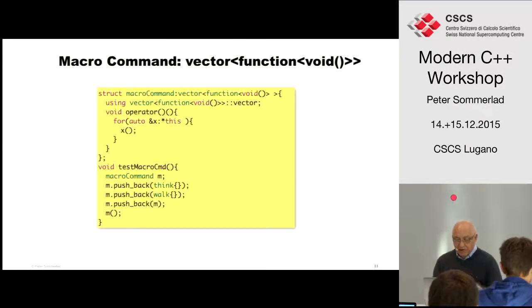Okay, we have already seen the macro command, which allows us to use it like a vector of command objects, push back all the things. We can even recurse and push back a copy of our macro command. So calling the macro command would actually call out think, walk, and that's it. And we don't have reference semantics, so it won't get endless recursion.